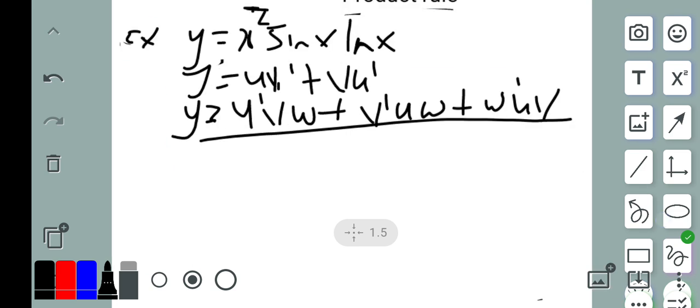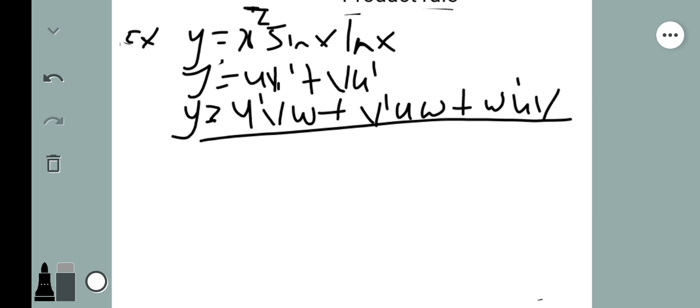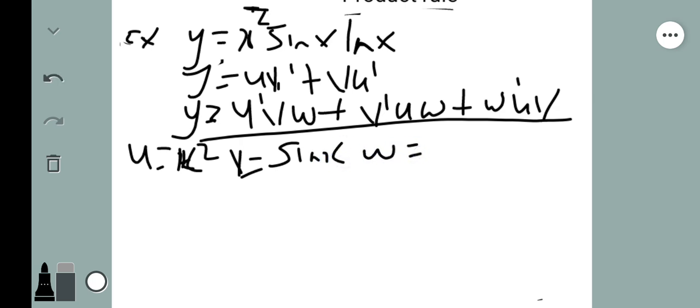From our question, we have u equal to x squared, v equal to sine x, and w equal to ln x. So what will be du/dx? du/dx will be 2x.